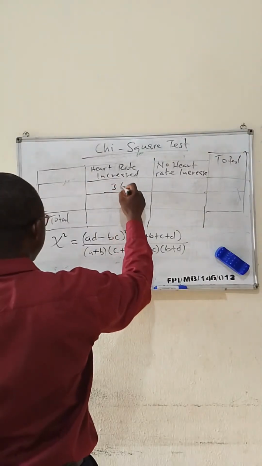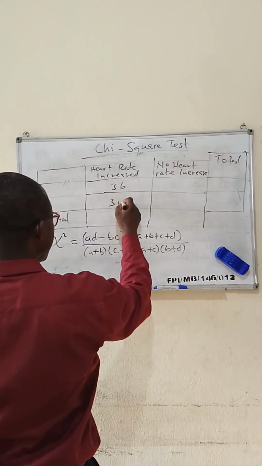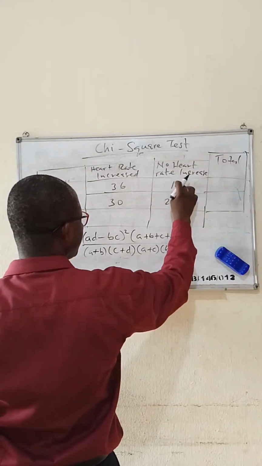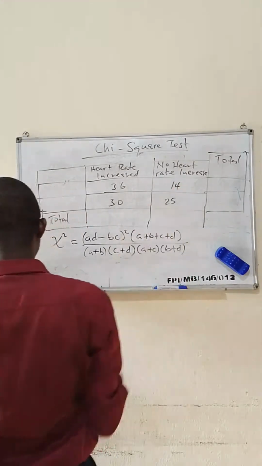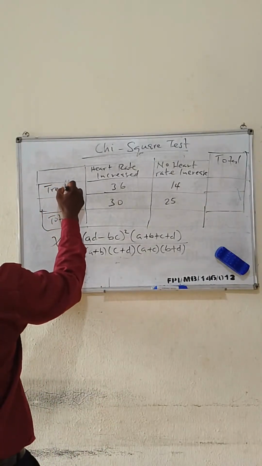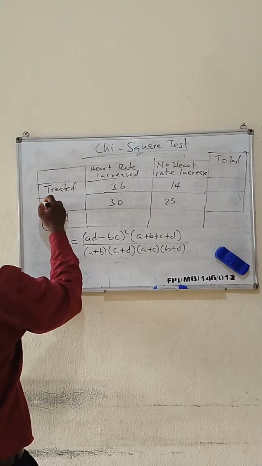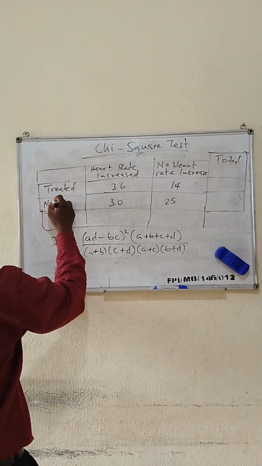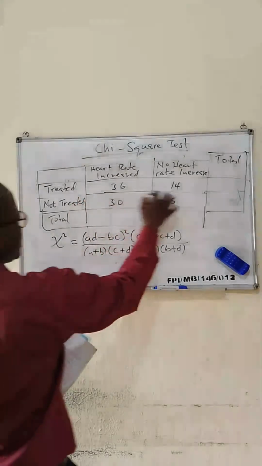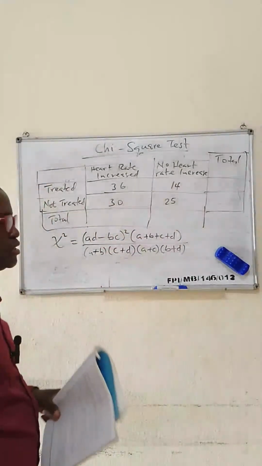We have 36, we have 30, we have 14, we have 25. Okay, so this is the problem given. Then the problem says this is treated and this is non-treated. So these are the data given.